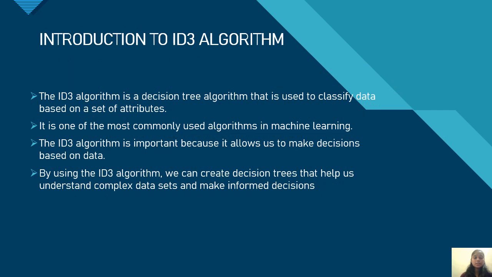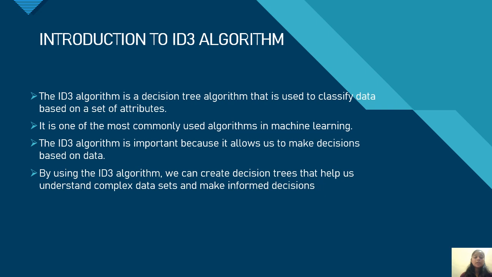Introduction to the ID3 algorithm. The ID3 algorithm is a decision tree algorithm that is used to classify data based on a set of attributes. It is one of the most commonly used algorithms in machine learning. It is important because it allows us to make decisions based on data.